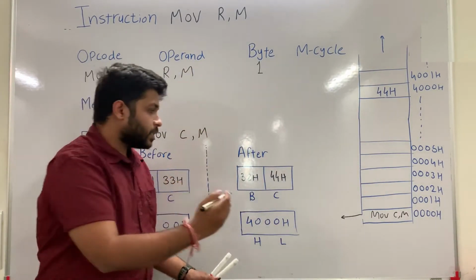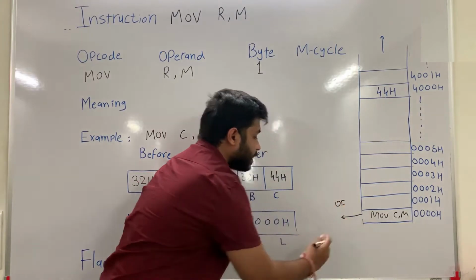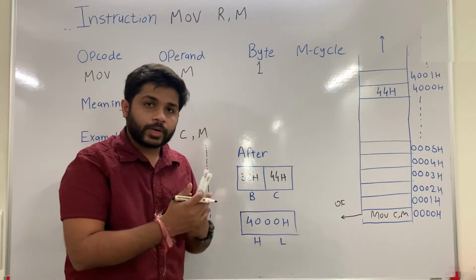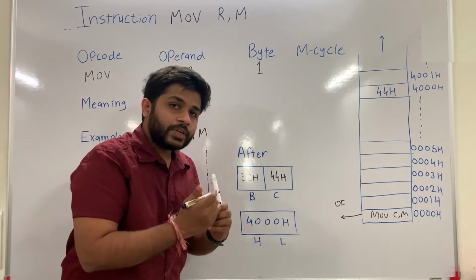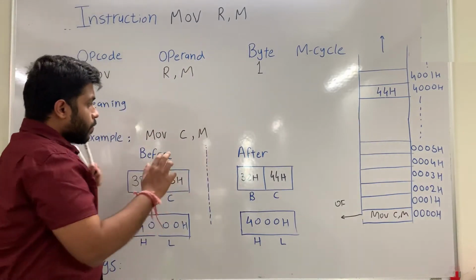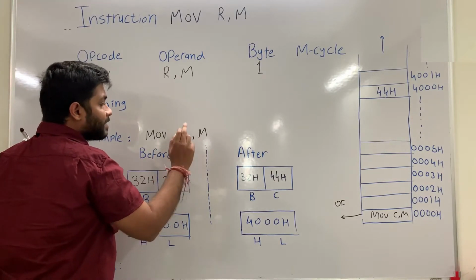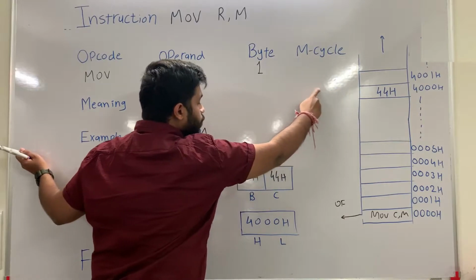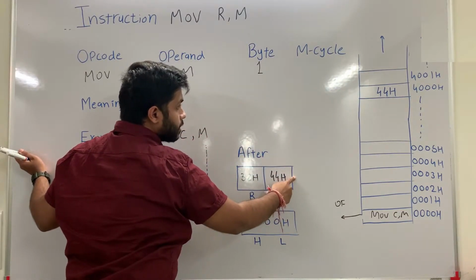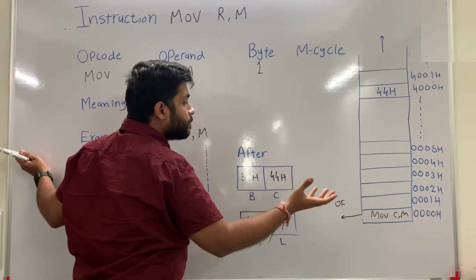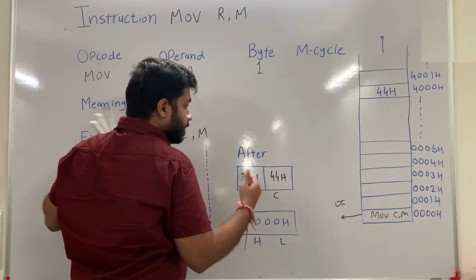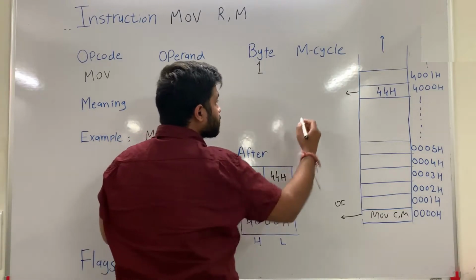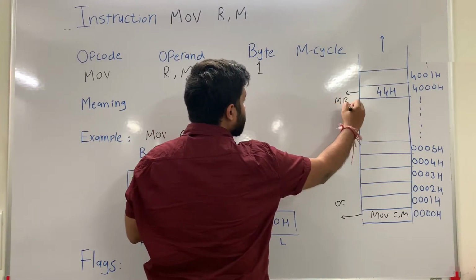Then the instruction will be decoded and executed. During the execution, the data from memory location 4000H is moved to the register C. It means the memory read process is happening, so to read the memory, the processor has to execute the machine cycle, that is memory read.